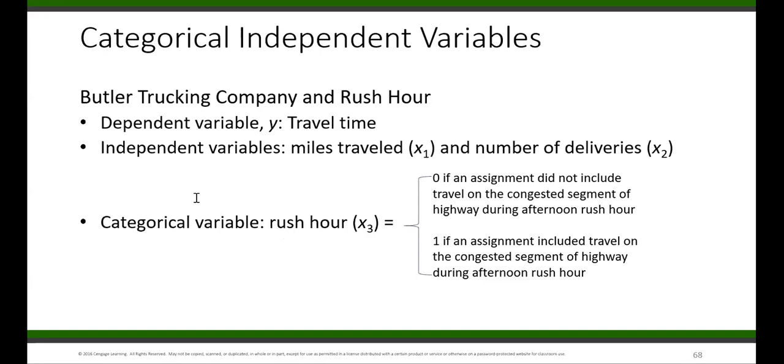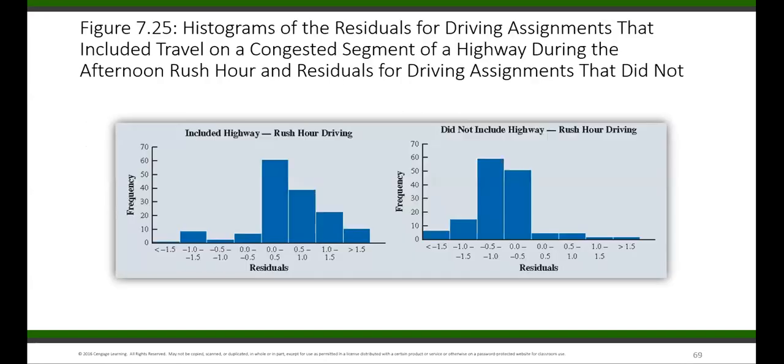If we run the regression without considering this factor and get the equation, what happens if we draw the frequency of residuals for cases where the answer to rush hour driving is yes, versus the frequency distribution of residuals for when the answer to rush hour driving is no, did not include the highway during the rush hour?